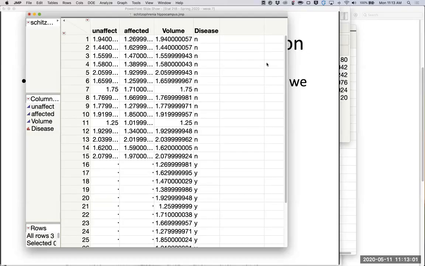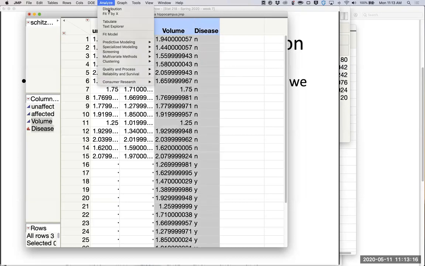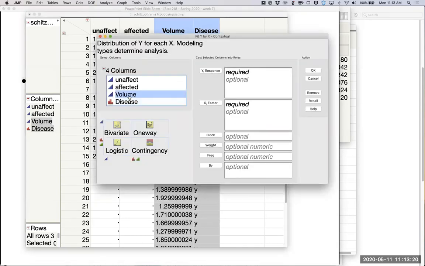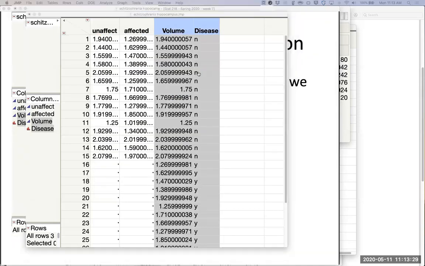So you can see now that if you have the data organized like this, where it's the volume in one column and then the disease status in another column, we could use the regular t-test procedure. So let's try that. Analyze, fit y by x. Let's see if the volume is different between the two disease statuses, yes and no, for the hippocampus.